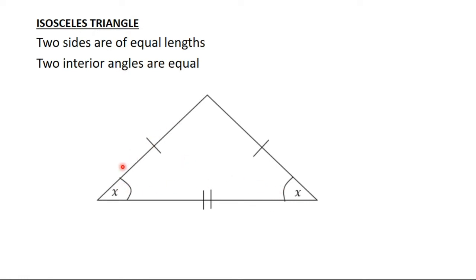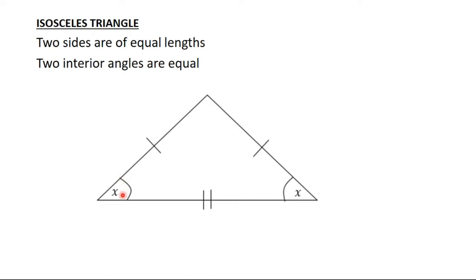So the length of this side and the length of that side is equal. The angle that will be formed at the base of those sides are the same. So the angle formed here, if that angle is x, the angle formed at this side will also be x. So the two sides that are the same, the angles that are formed at their bases will also be the same.